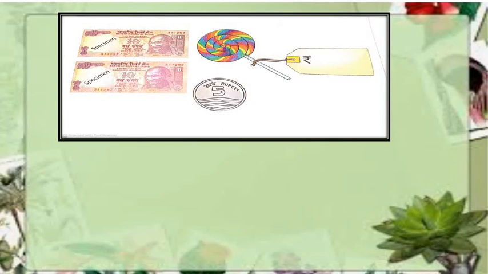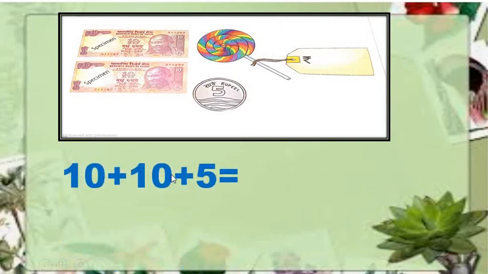Yes, we have to make addition of all the given money. 10 plus 10 plus 5. So 10 plus 10, 20. 20 plus 5, 25. Write the price on this given tag. The amount of this lollipop is 25 rupees.